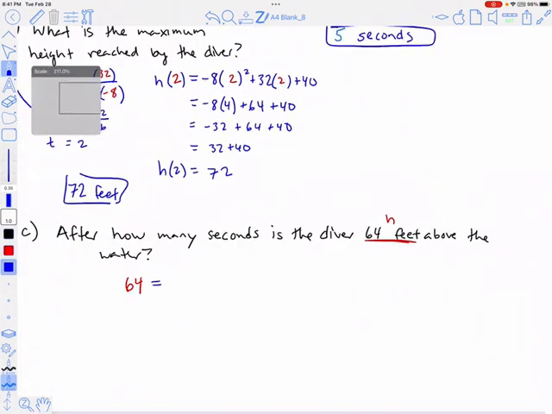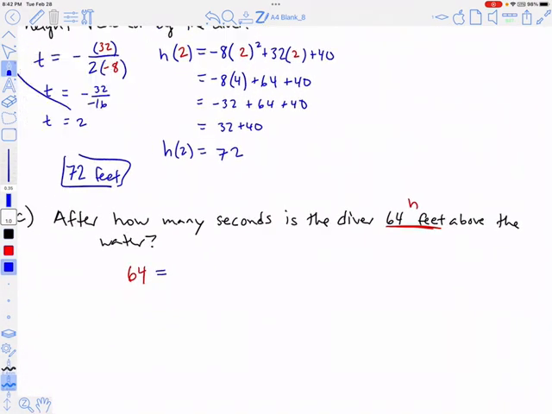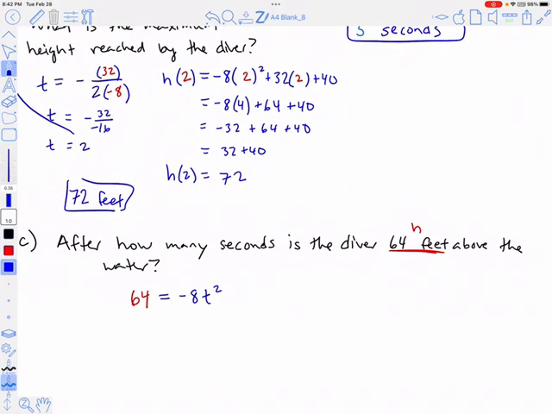And here we're looking for when height is 64 specifically. So we could find the time that it takes for any height just by plugging in that number for h and then solving. So we are letting h equal 64 and we're going to solve for the time that goes with 64.